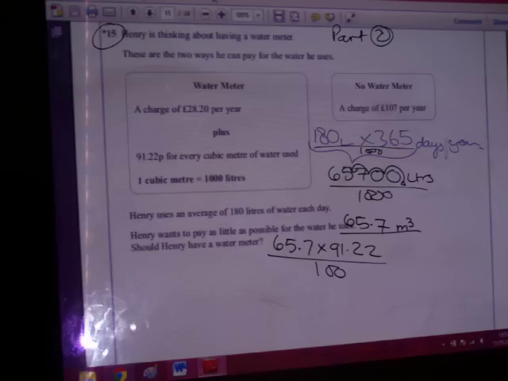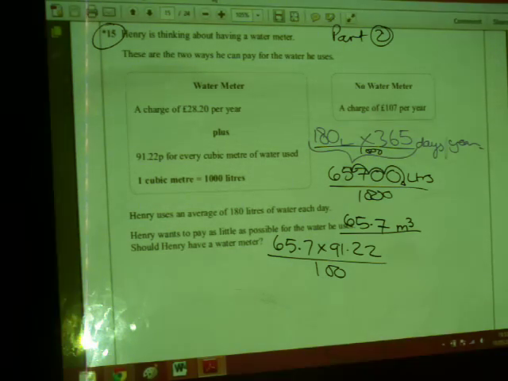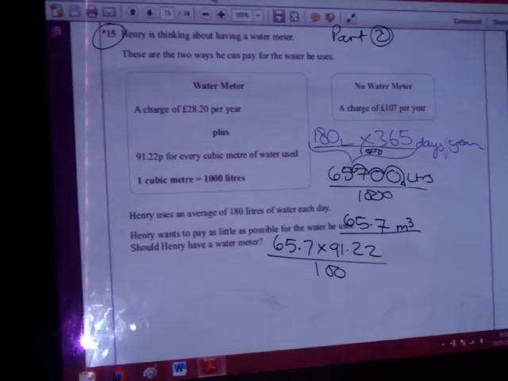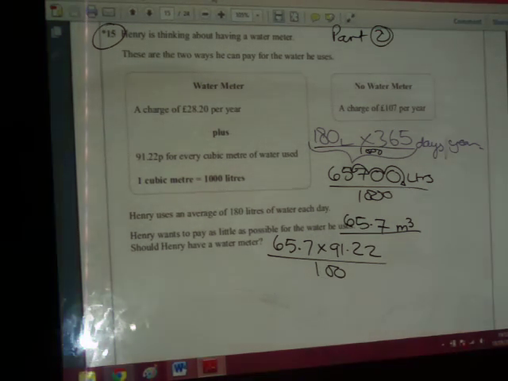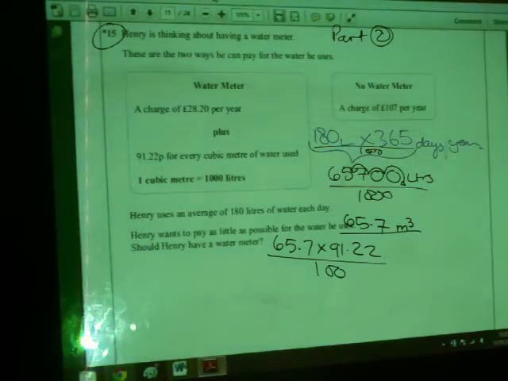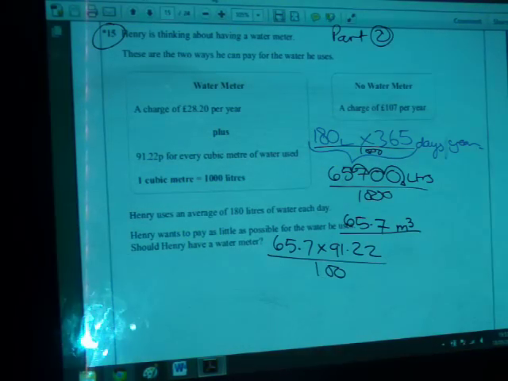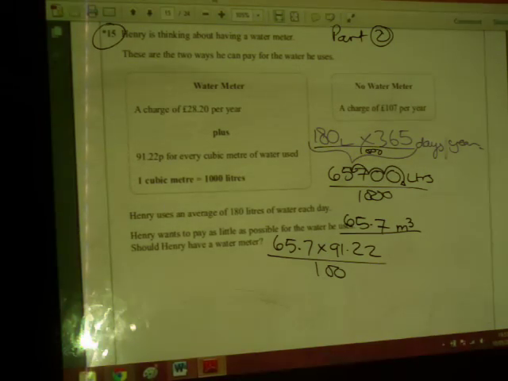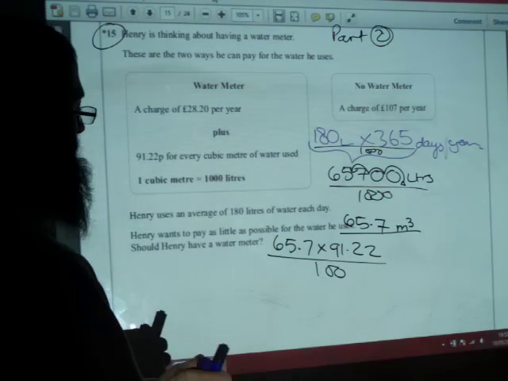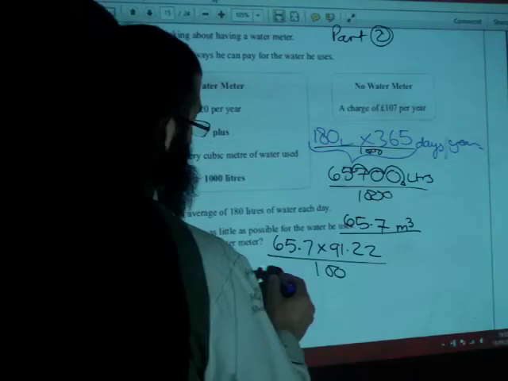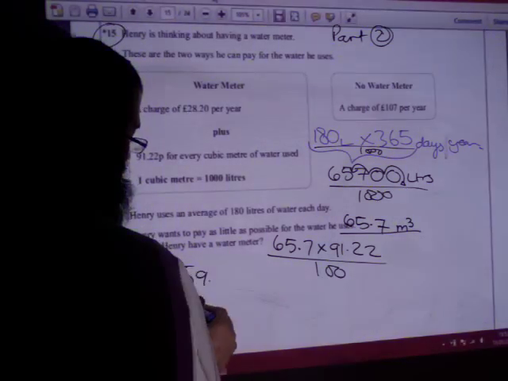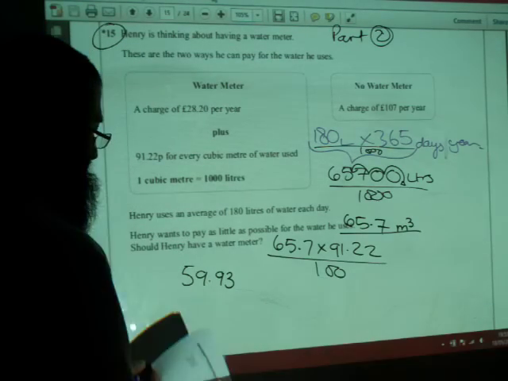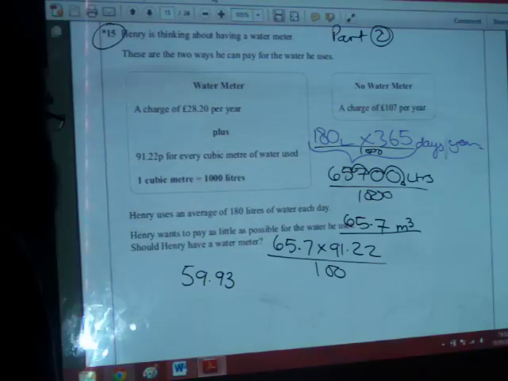We times that by 91.22 and then divide it by 100, and that gives an answer of 59.93154. Okay, let's just say it's £59.93.